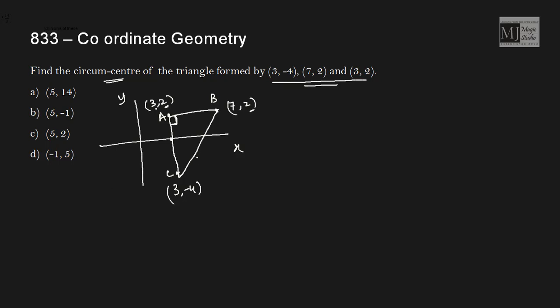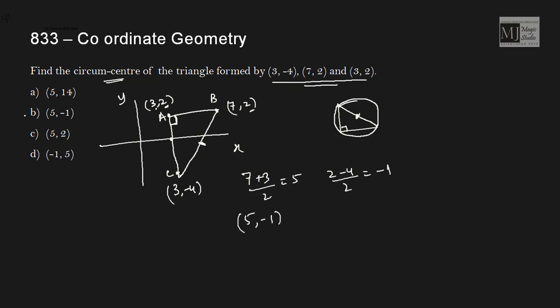This is a right angle triangle, and in case of a right angle triangle, the circumcenter is actually the midpoint of the hypotenuse, because the angle in a semicircle is 90 degree. So the circumcenter would be 7 plus 3 by 2, that is 5, and 2 minus 4 by 2, that is minus 1. So the coordinate of the circumcenter is 5 comma minus 1.